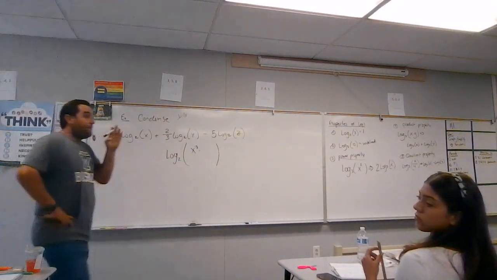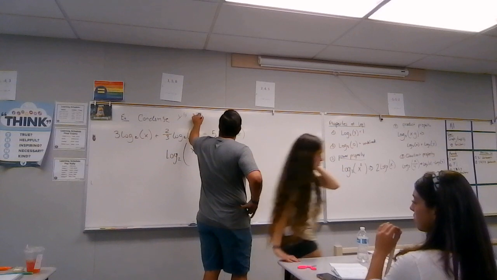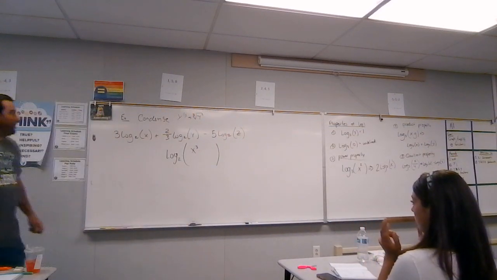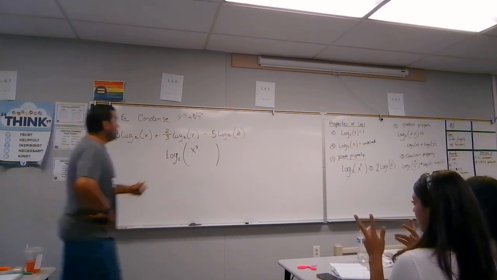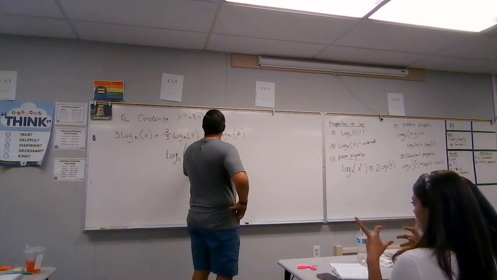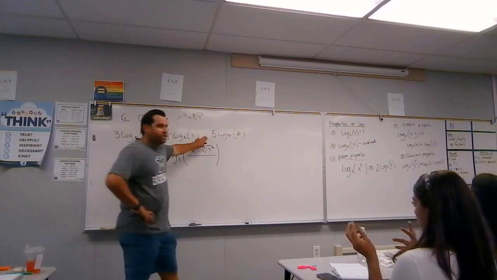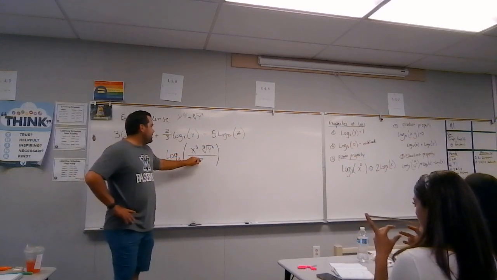It's the cube root of y squared. That's a way to convert from a fractional exponent to a radical. Now, since there's subtraction here, that means there's a division symbol. And then on the bottom, we just put z to the 5th.